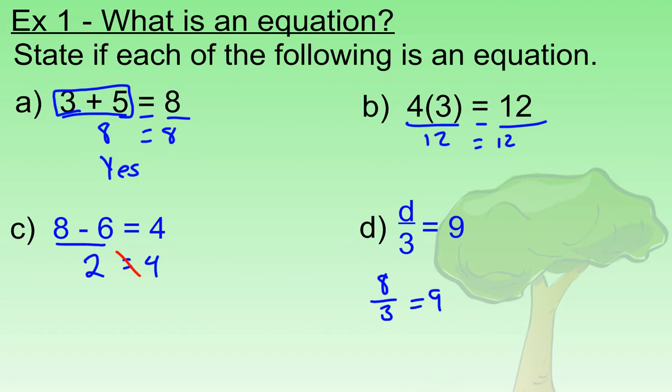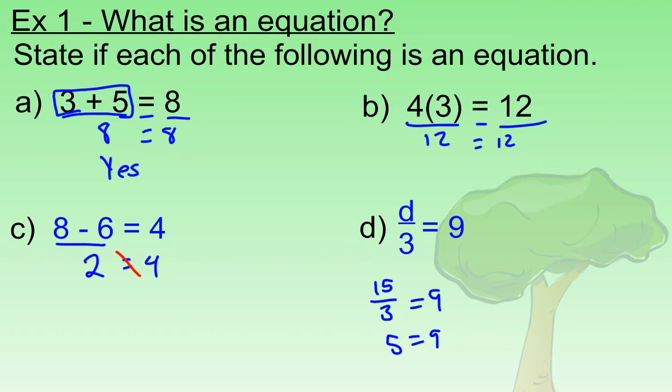Well, no, that doesn't work out. What if I use 15? I just try to pick a number that's divisible by 3. So 15 divided by 3 would be 5. Well, 5 does not equal 9. So that's still not a true equation.